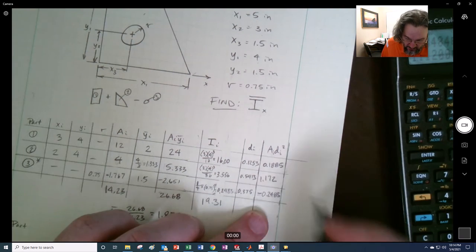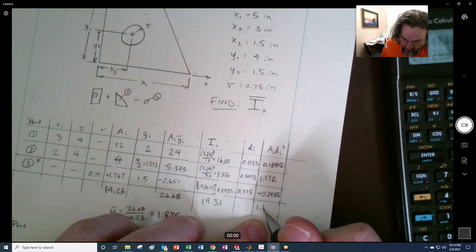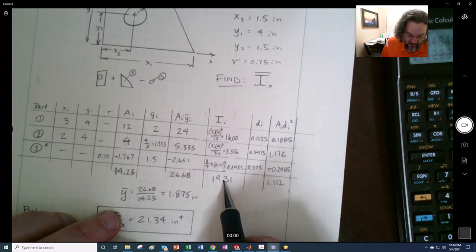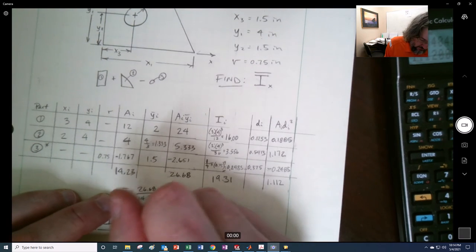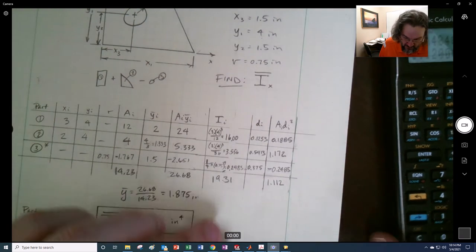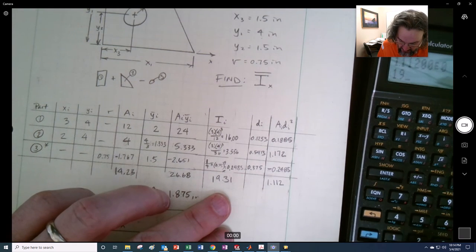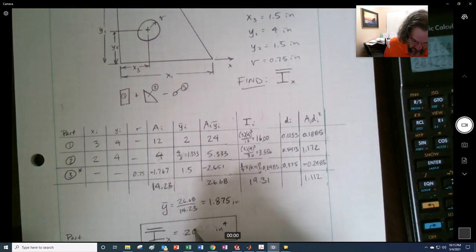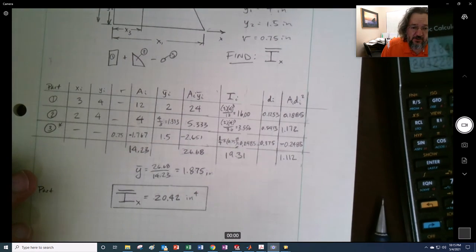Yeah, that looks right. Okay. 1.112. This should all be okay. So if I am done with that, I can add in my 19.31 and I get 20.42. Let's check it out and see how we did.